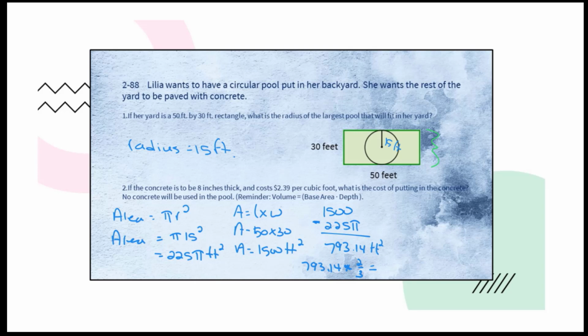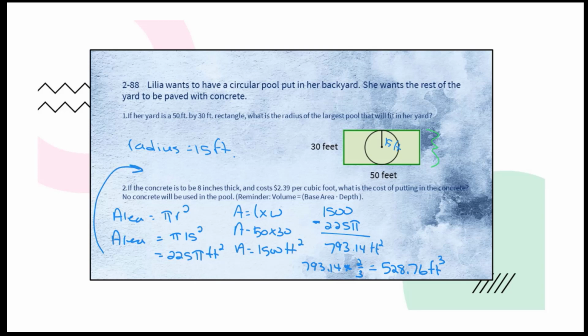what am I putting a dollar sign there for? Not yet. We haven't multiplied that by 2.39 yet. It's 528.76 feet cubed. Okay. And now I'll just come up here, since we have a little more room, for the final part of the equation.